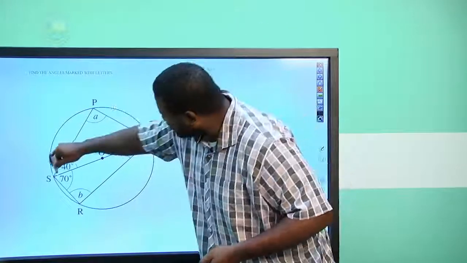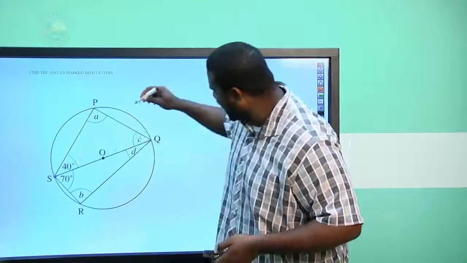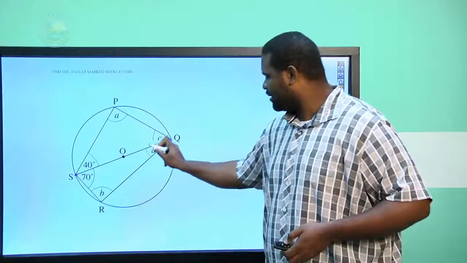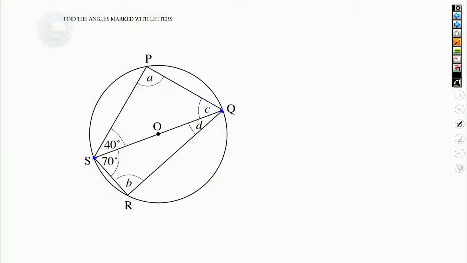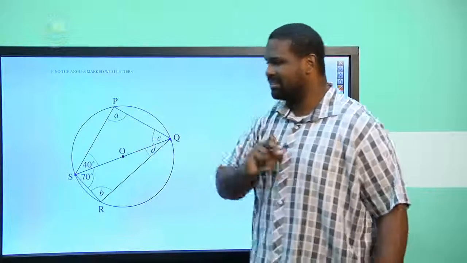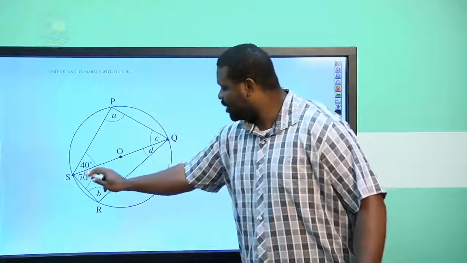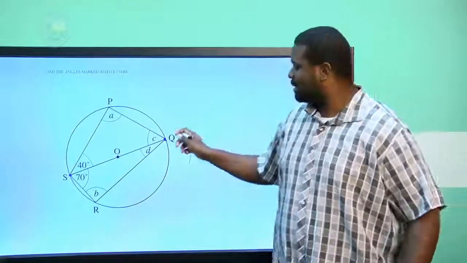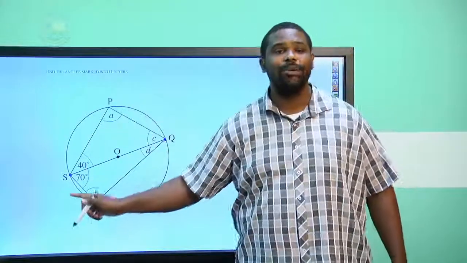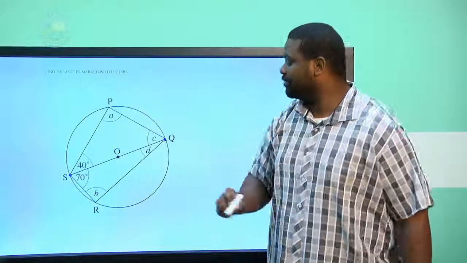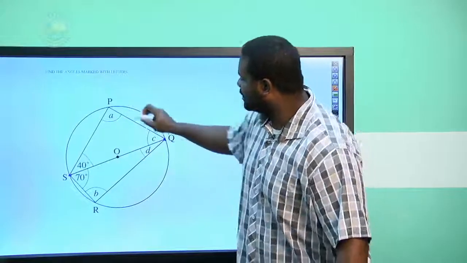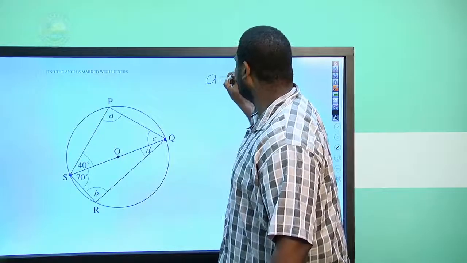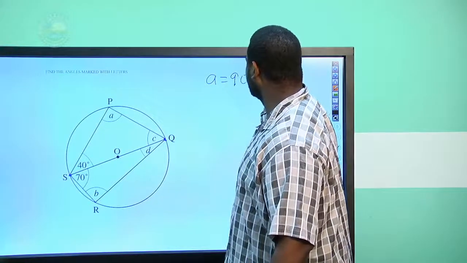A is formed from point S and point Q. And this line is a chord, but it's a very special chord because it passes through the center of the circle. So that means that this is a diameter. And what does the rule say? Any angle subtended by the diameter at the circumference is going to be equal to 90 degrees. So because A is subtended from this diameter, it means that A will be equal to 90 degrees.